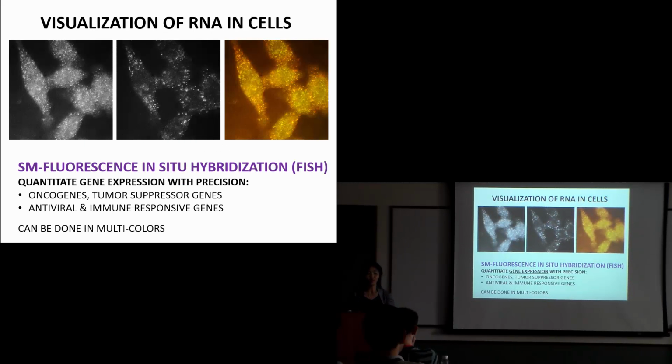And then sometimes we go into cells, but again, our interest is to visualize individual molecules. In this case, the image is kind of fuzzy here, but individual bright dots represent individual mRNA, messenger RNA, inside of a cell. What we do is called single molecule fluorescence in situ hybridization, or FISH. The basic idea is that an individual mRNA gets decorated heavily by about 30 to 40 fluorophores.